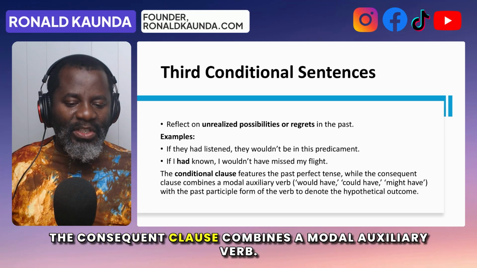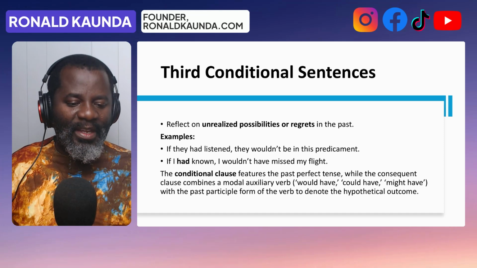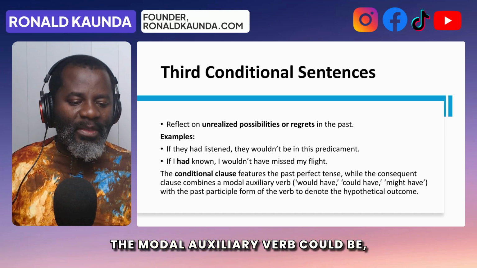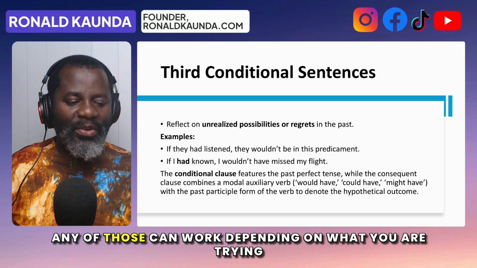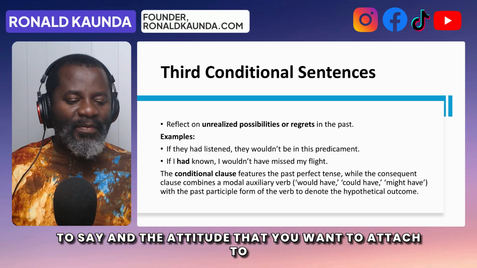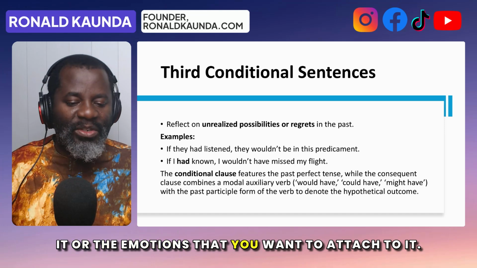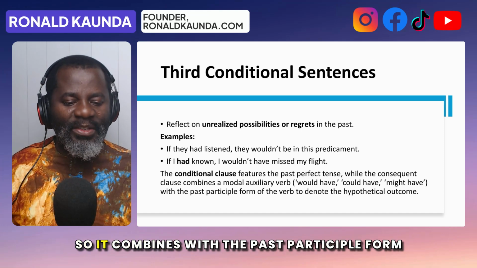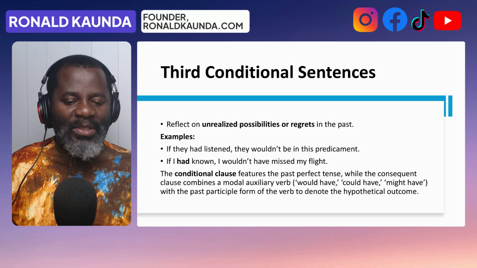The consequent clause combines a modal auxiliary verb with the past participle form of a verb. The modal auxiliary verb could be would have, could have, might have. Any of those can work depending on what you are trying to say and the attitude or emotions that you want to attach to it. So it combines with the past participle form of a verb to denote a hypothetical outcome.